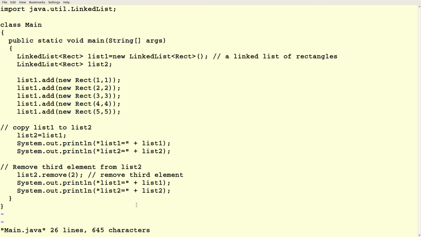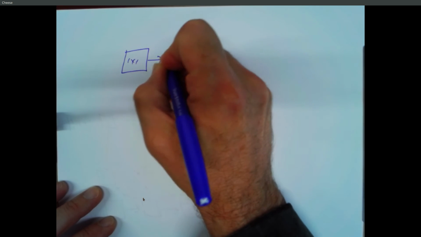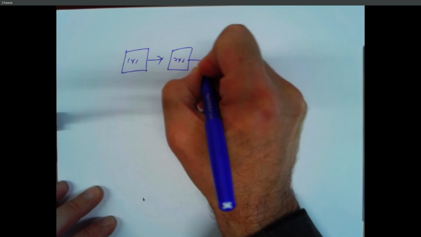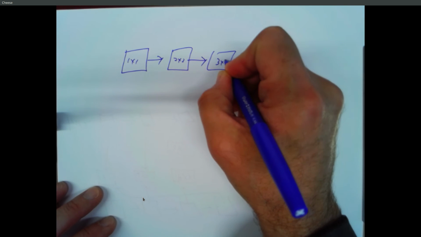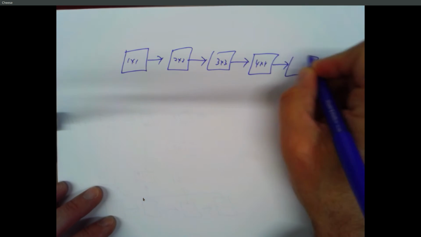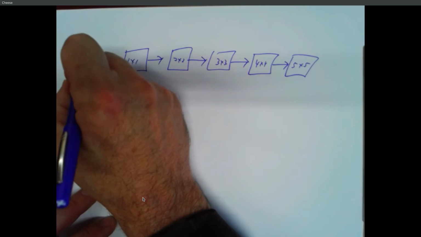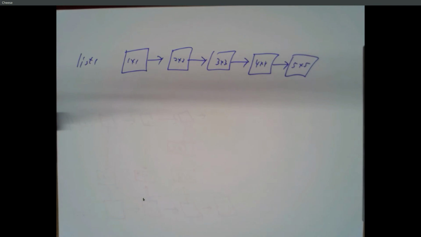When we said list2 equals list1, here's the picture. There's our list. When we said list1 equals a new linked list, think of it almost as a pointer, right?